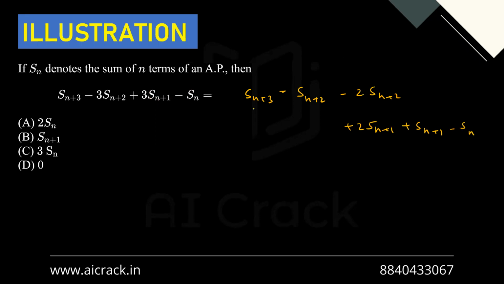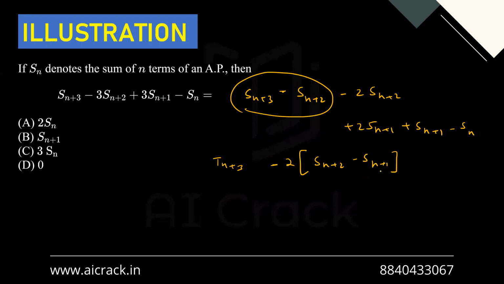Okay. Now this becomes T(n plus 3). And this becomes, if I take minus 2 common over here, S(n plus 2) minus S(n plus 1) plus S(n plus 1) minus Sn, and this basically becomes T(n plus 1). So this eventually becomes T(n plus 3) minus 2 times T(n plus 2) plus T(n plus 1).